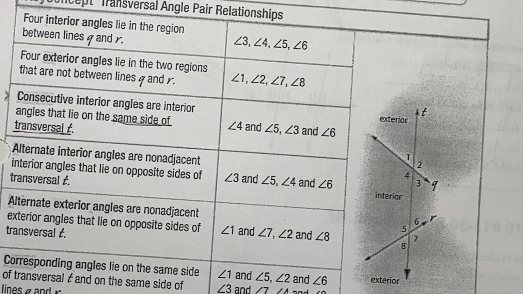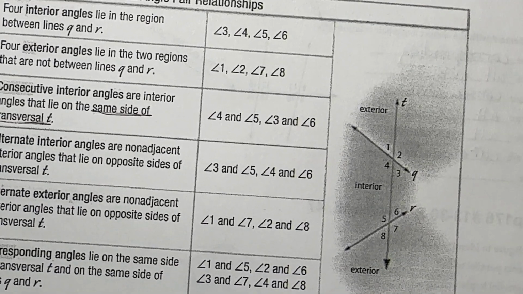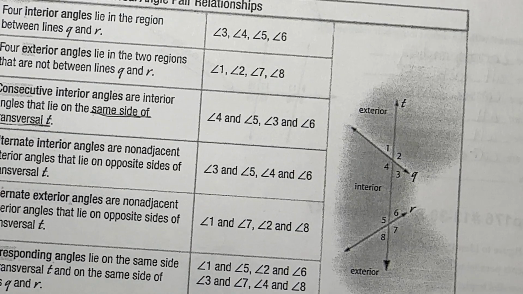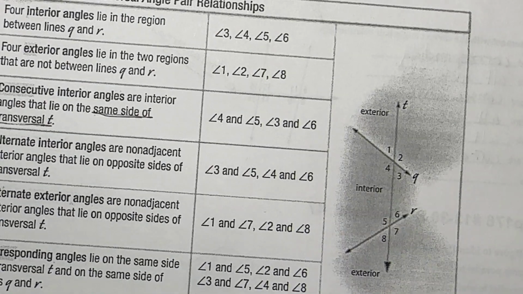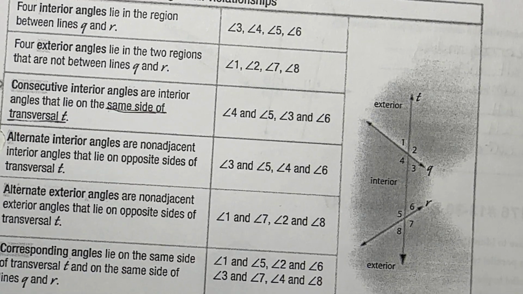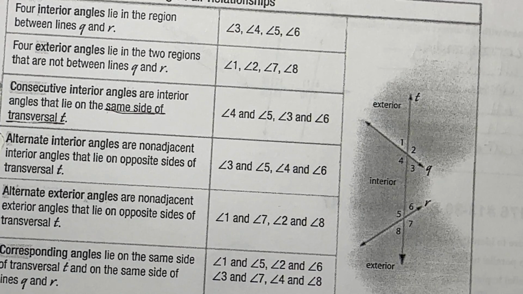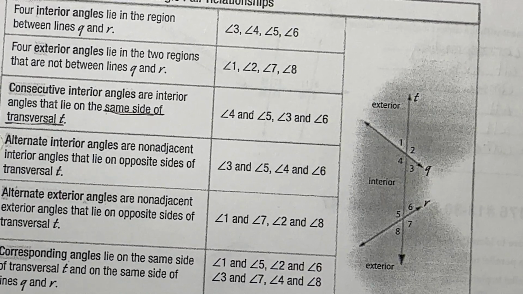Those are, nope, they're not alternate. Let's find 2 and 7. Maybe they don't have a special name. I bet they do, though. Those are corresponding. You're right.